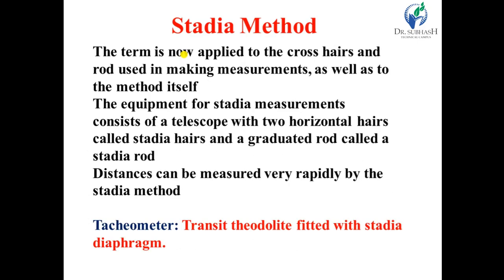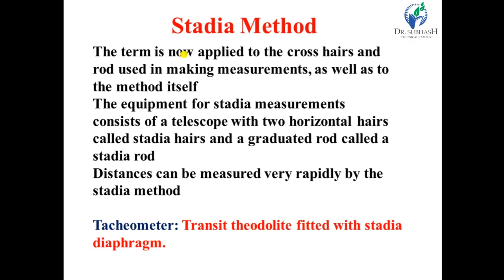The term is now applied to the crosshairs and rod used in making measurement as well as to the method itself. The equipment of stadia measurement consists of a telescope with two horizontal hairs called stadia hairs and a graduated rod called a stadia rod. Distances can be measured very rapidly by the stadia method.